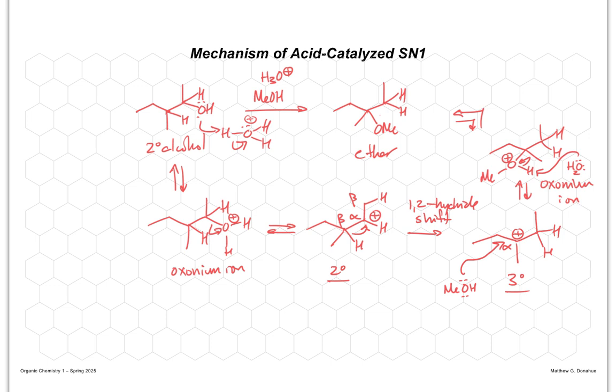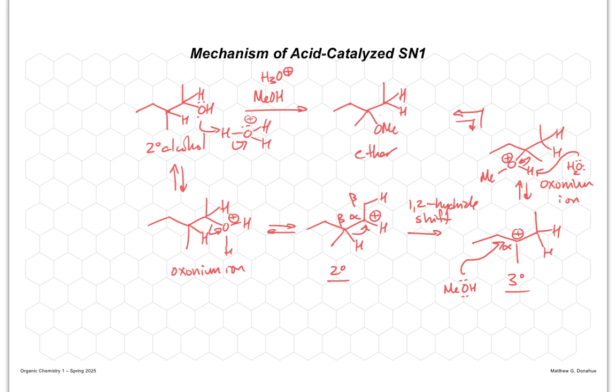So again, it's important to, as you're writing these things, classify what you are starting with in terms of a leaving group. We started with a secondary alcohol. It was protonated, then ionized and water left. That generates a secondary carbocation.